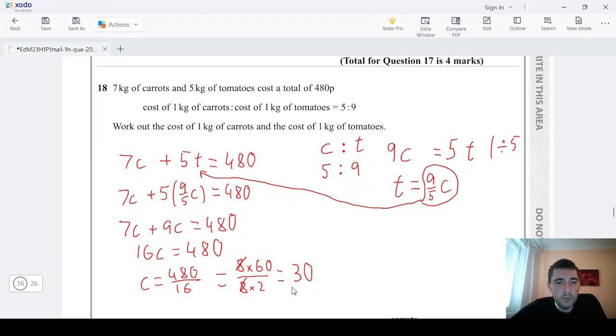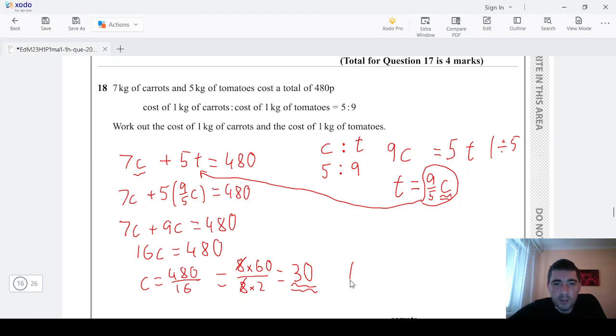Now to work out the t, we substitute this into any of the equations. Probably it would be easiest to substitute into the first equation, but it doesn't really matter. So I will substitute into this equation, which is t equals 9/5c.